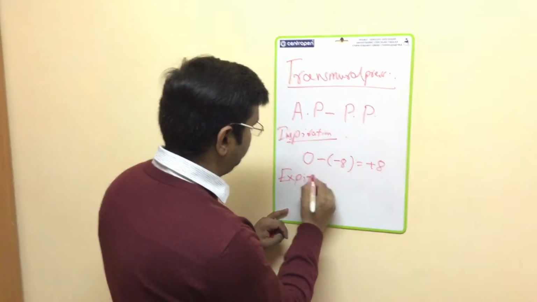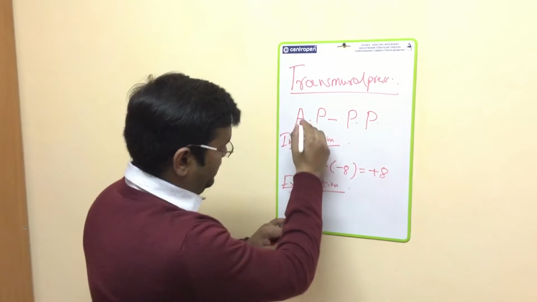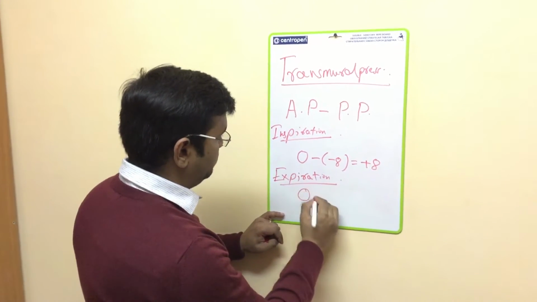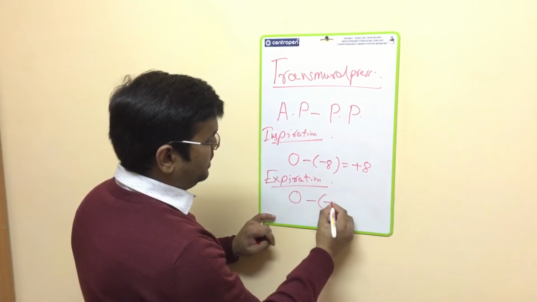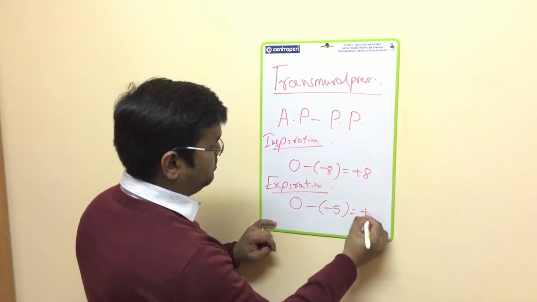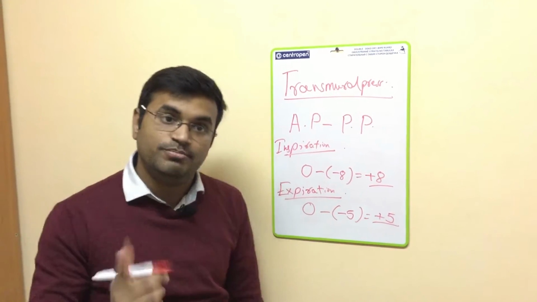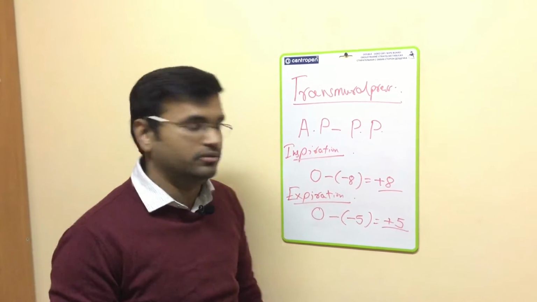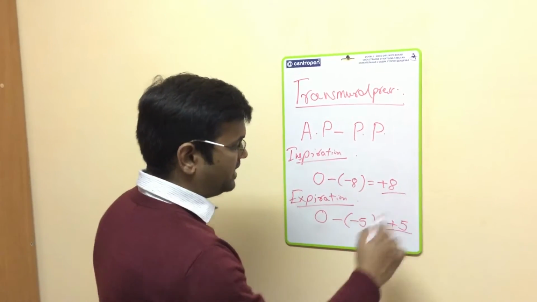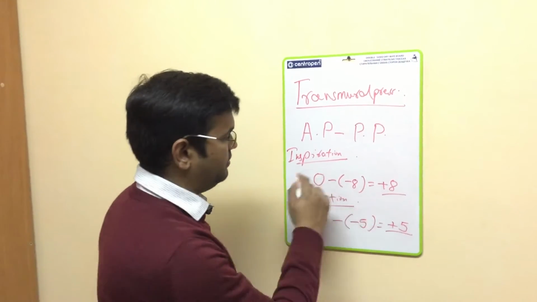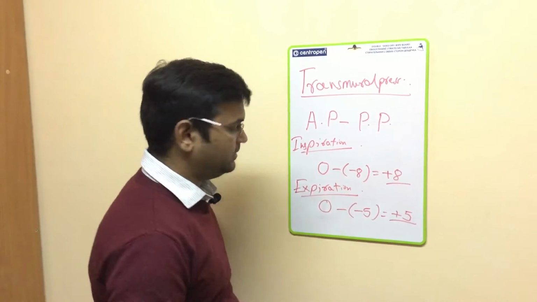During expiration, alveolar pressure is again 0, but the pleural pressure is minus 5, which becomes plus 5. So friends, I told you it has to be positive, so that the lungs don't collapse. Plus 8 during inspiration, plus 5 during expiration. So remember these values. Okay.